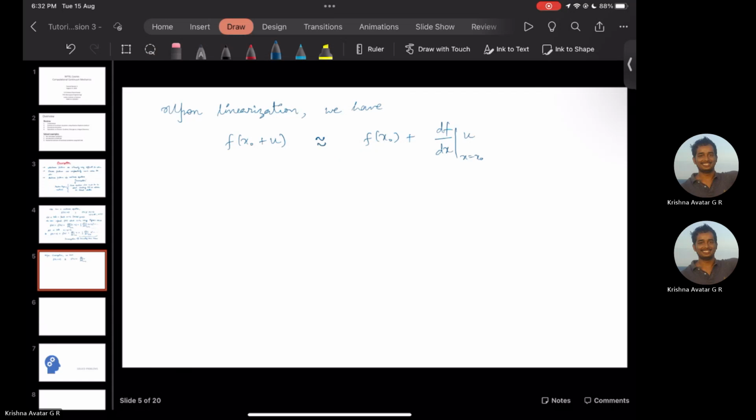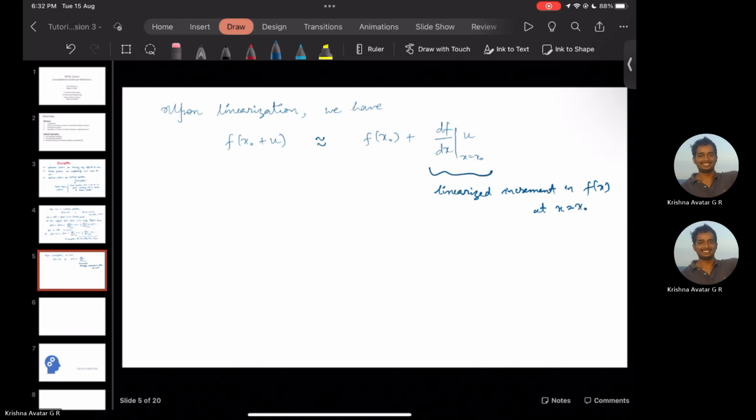So this is what we call the linearized increment in f of x at x is equal to x naught. Fine. So this is what it is.